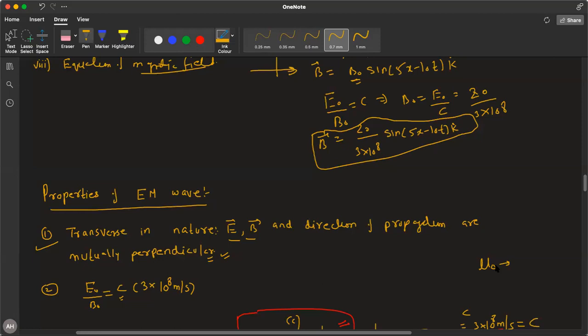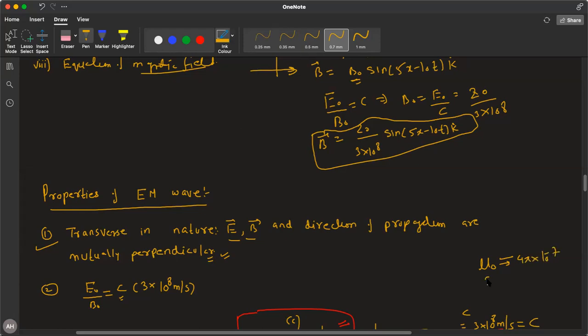No. Fatma, do you remember what is this mu naught? Relative permeability. And you remember the value of this term? Absolute permeability, 4 pi into 10 raised to power minus 7.